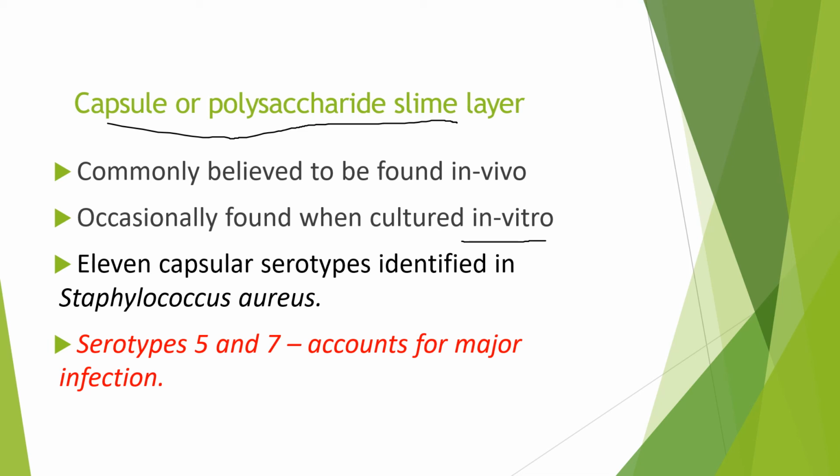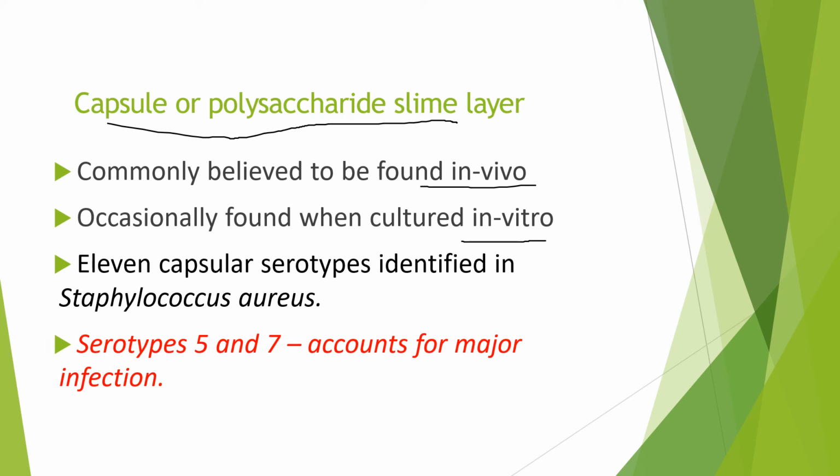It is found in vivo, which means if the organism enters the body of a patient, inside there they will produce capsule because they want to escape from our immune system's mechanisms, right?